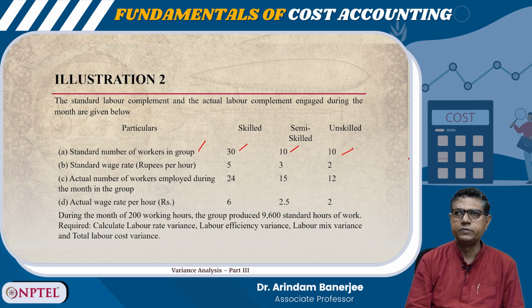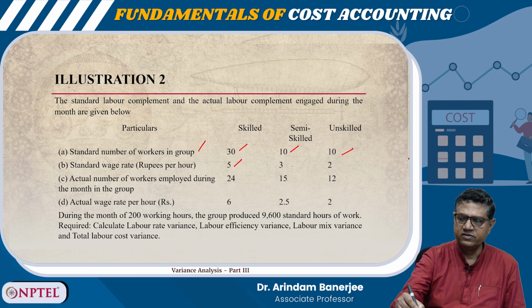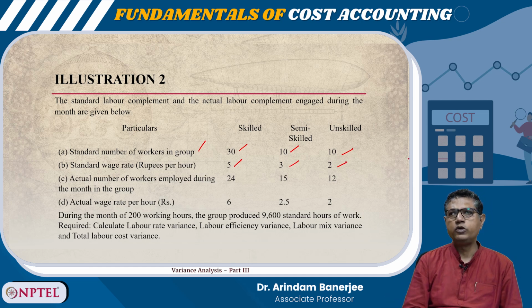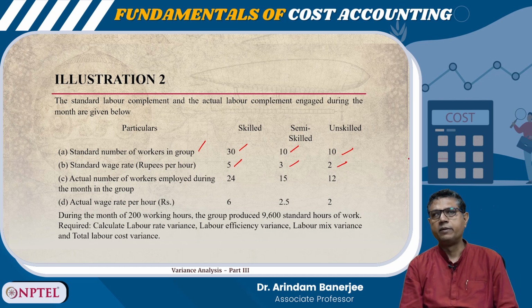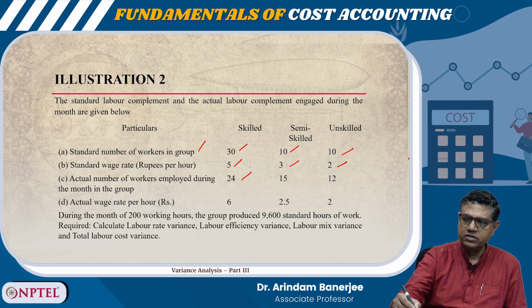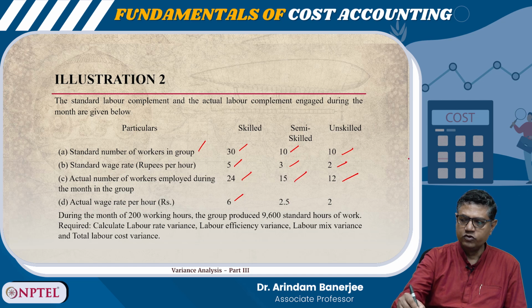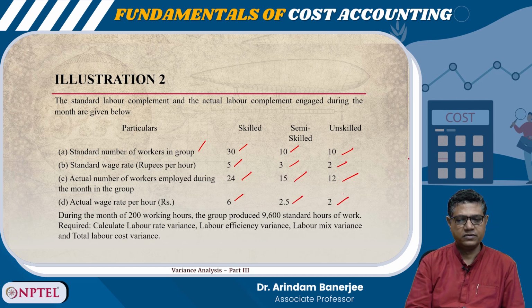Standard wage rate in rupees per hour: 5, 3 and 2. Actual number of workers employed during the month in the group: 24, 15 and 12. Actual wage rate per hour: 6, 2.5 and 2.